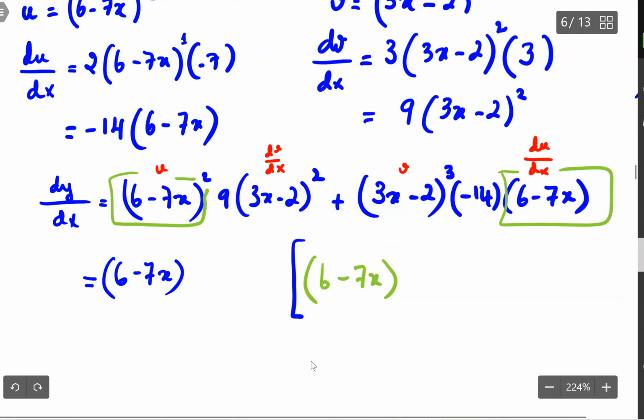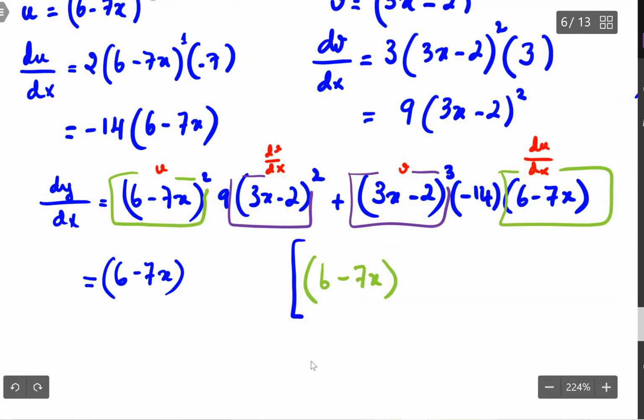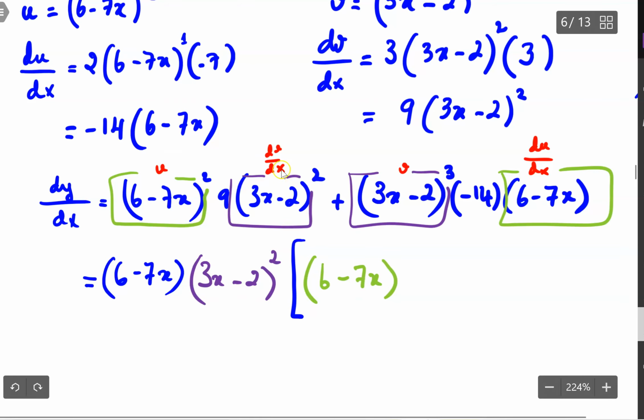And your next common factor is 3x minus 2. So the trick here is you are going to pick the binomial with the lower exponent. So I will pick 3x minus 2, all of it to the exponent 2. If I pick this one, then it means I will have no more 3x minus 2 to the exponent 2 next to this term.